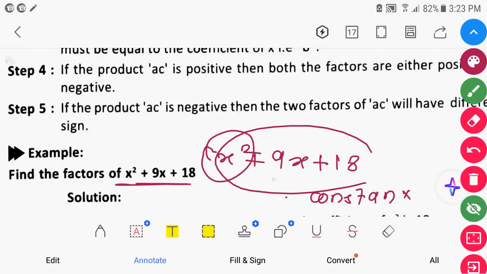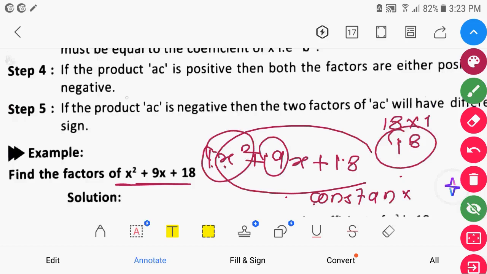The coefficient of x square here is 1 and the constant is 18, so 18 multiplied by 1 is 18. Now we have to factorize this 18 such that its addition should be 9.